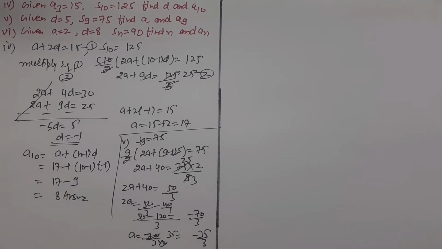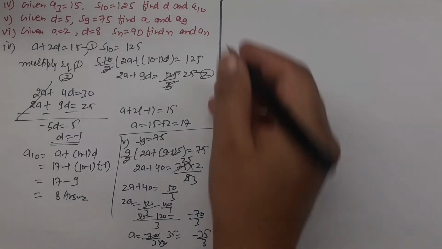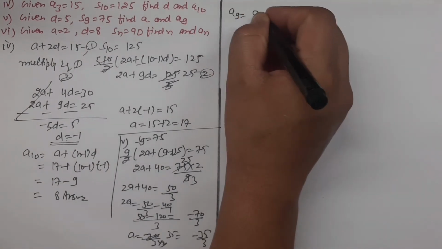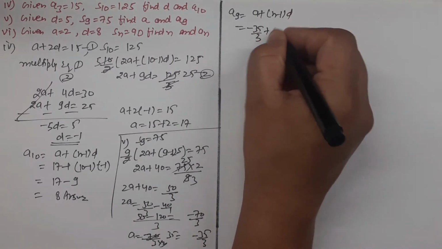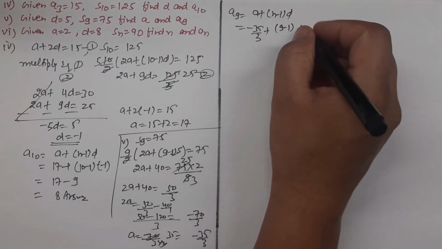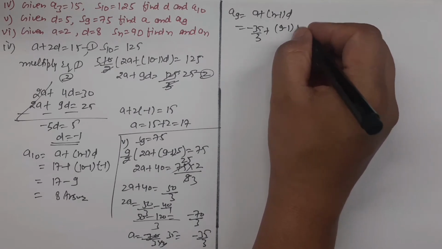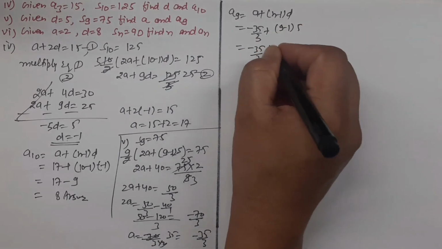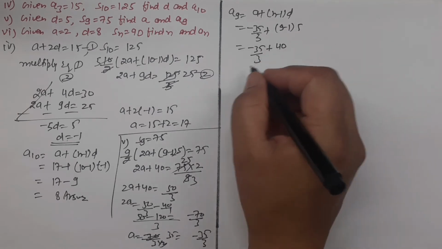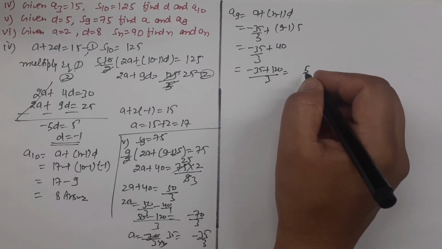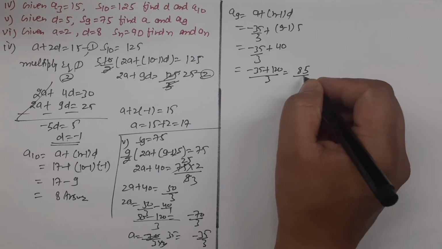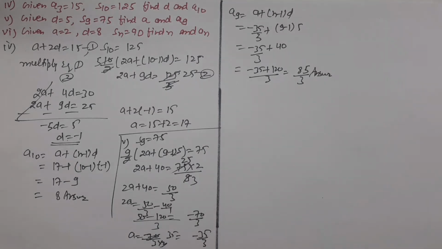Now the next, we have to find a9. a plus (n minus 1)d, a is minus 35 by 3, and 9d, d is 5. 9 minus 1 is 8, 8 5s are 40. 85 by 3, that is a9.